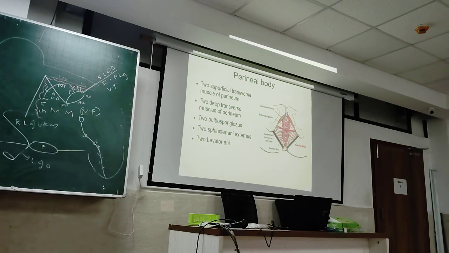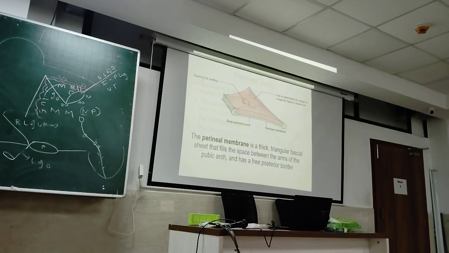If we call the space superficial to the perineal membrane the superficial space, automatically what lies deep to the perineal membrane will be called the deep space. You can see how tough the perineal membrane is.